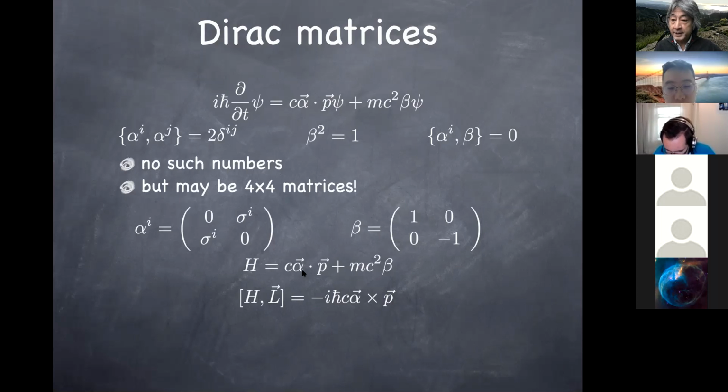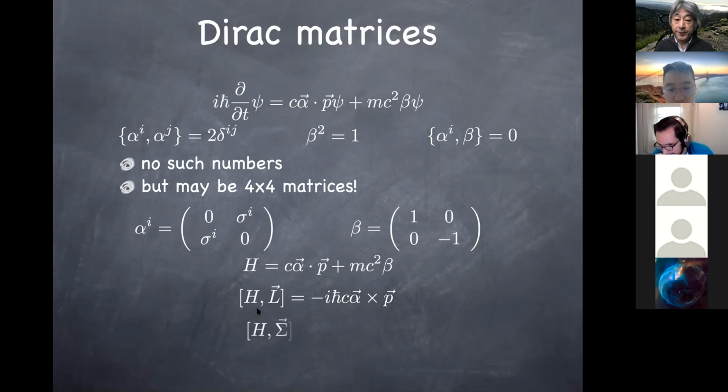So when you compute this commutation relation between H and orbital angular momentum, that ends up being this alpha coming from the x commutator with p, crossed with p. So you find something that looks like alpha cross p, which means the orbital angular momentum is not conserved under this Hamiltonian.